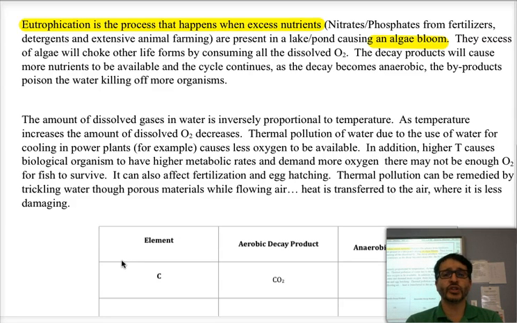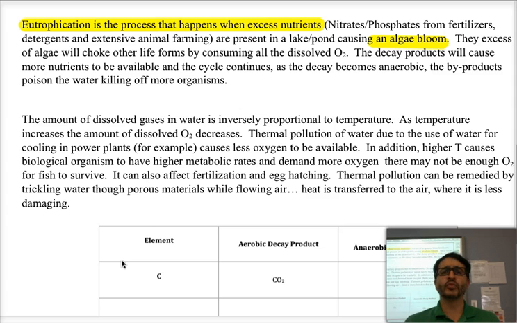All right. Now, the process of eutrophication is an important one. It's a process in which you have excess nutrients, such as nitrates and phosphates from fertilizers, that will cause algae blooms. When too many algae are growing, they are going to choke out the life because they are going to be consuming all of the dissolved oxygen in the body of water.